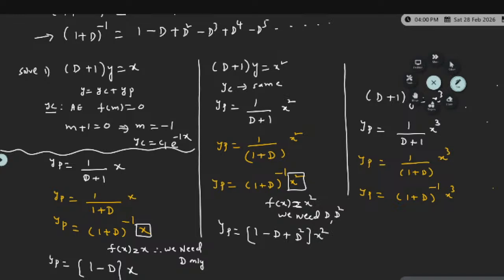Up to here is enough. Here what is the power of x? 2. 1 minus d, d square. Here what is the power of x? What is the power of x? f of x equal to x cube. What we need?